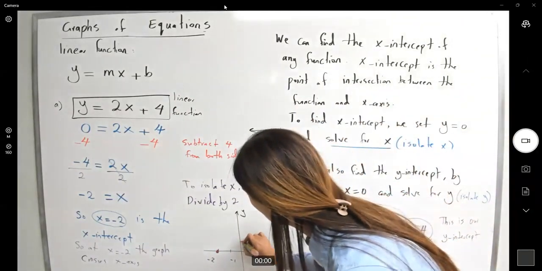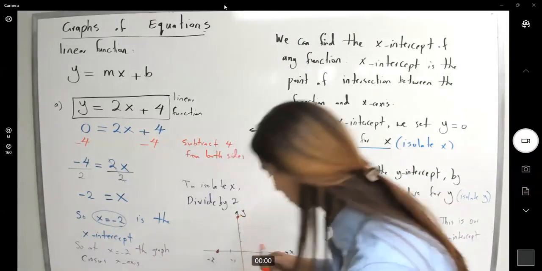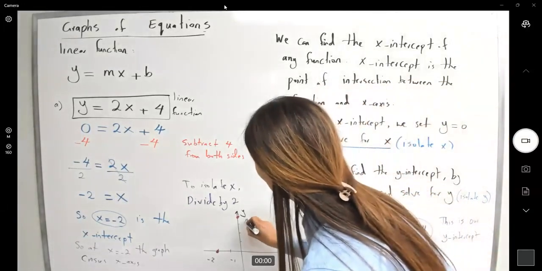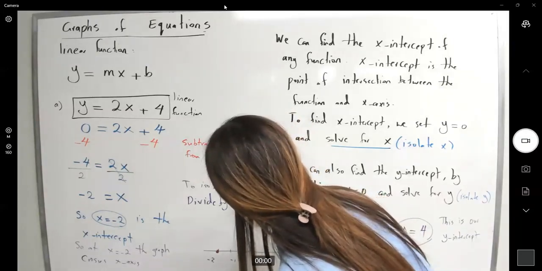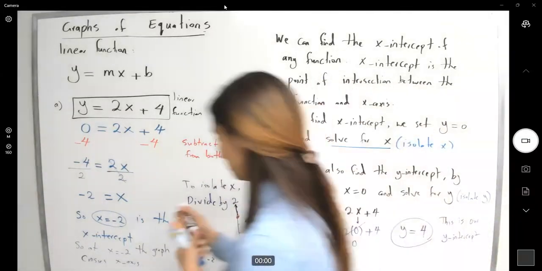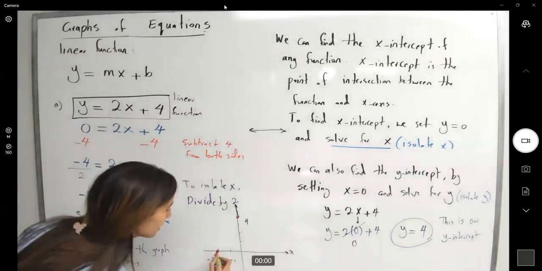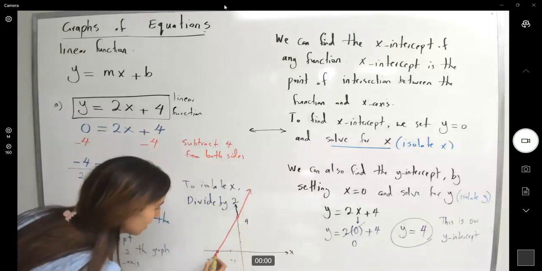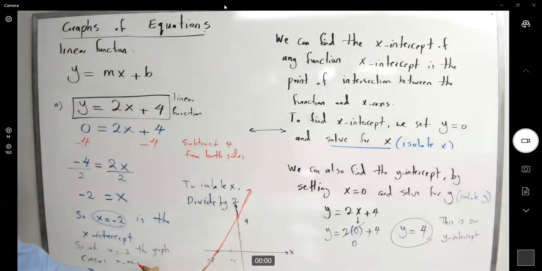So 1, 2, 3, and 4. This is 4. Now if you connect these 2 points, then you're going to have a line which is increasing. This is the graph of this linear function.